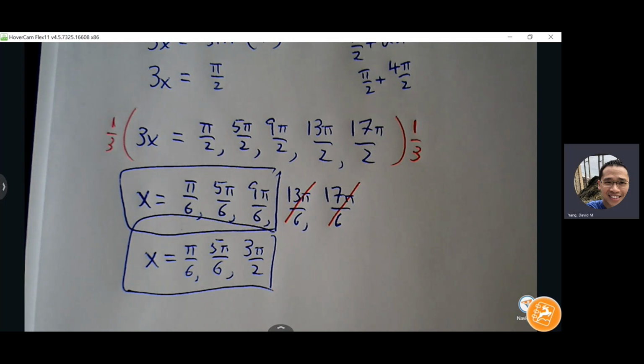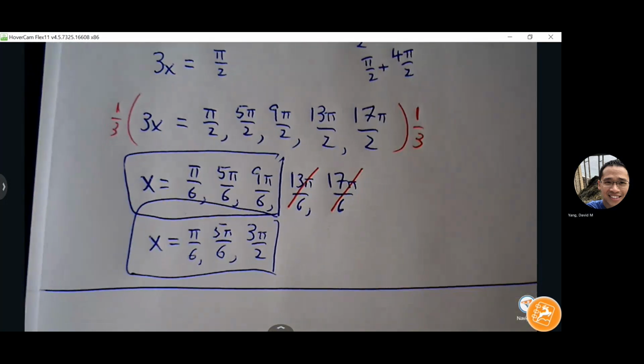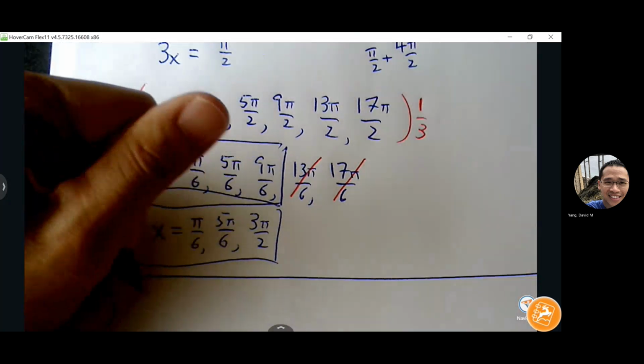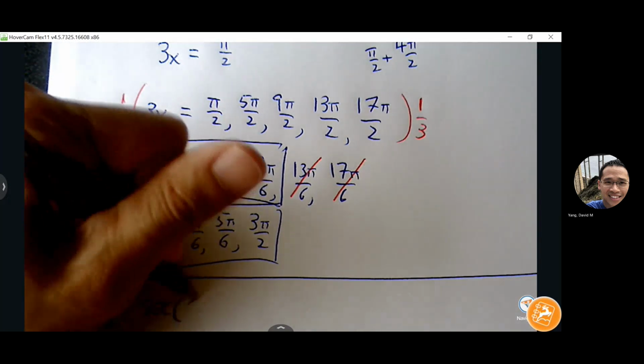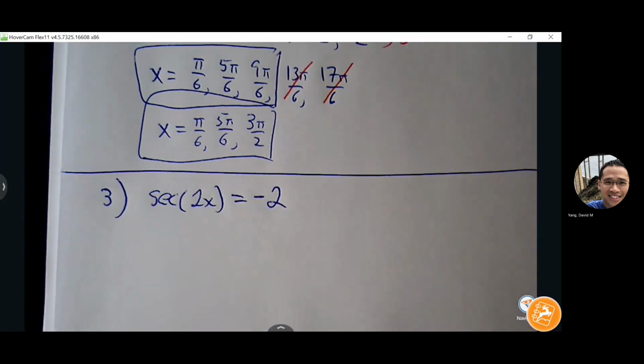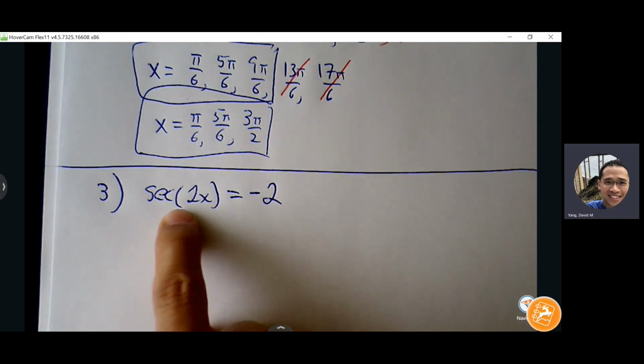Okay, let's do one more. Let's do number 3. Secant of 2x, we don't recognize that very much, right? But is there something that feels more familiar than secant? If I flip this, it becomes 1 over cosine.